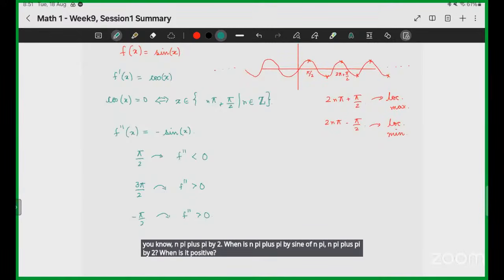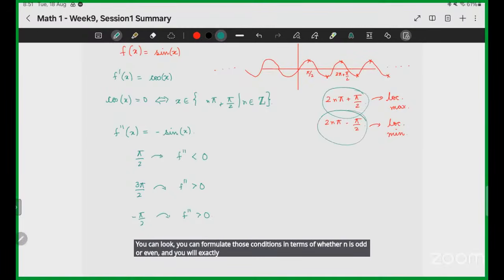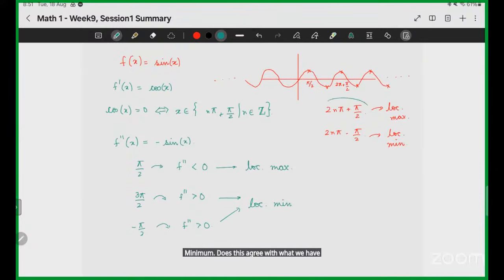You can formulate those conditions in terms of whether n is odd or even, and you will exactly get this classification. So negative means maximum. These two are local minimum. Does this agree with what we have seen over here?